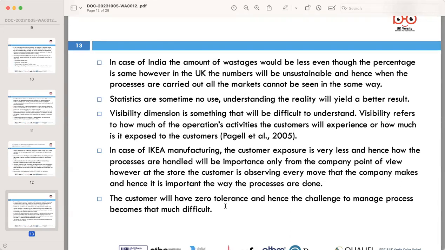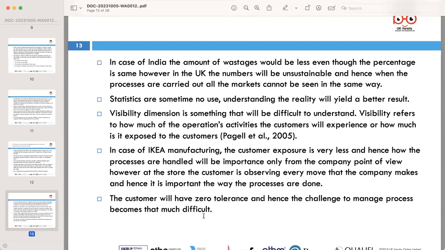So visibility is another critical aspect that refers to how much of the organization's operations are exposed to customers. In the IKEA manufacturing process, customer exposure is minimal, making internal efficiency more critical. In the retail stores, customers closely observe every aspect of the operations.